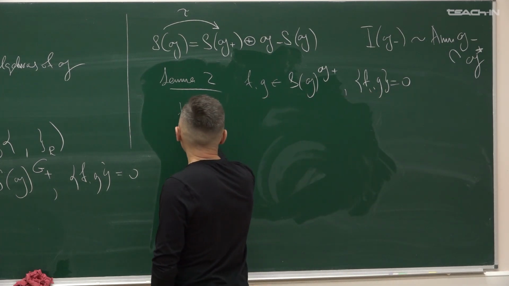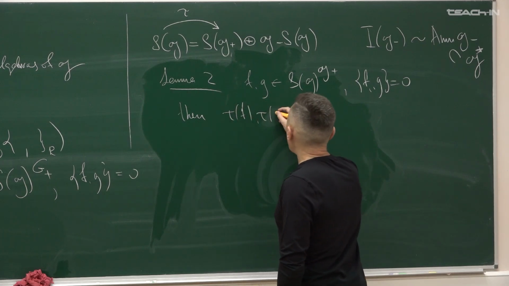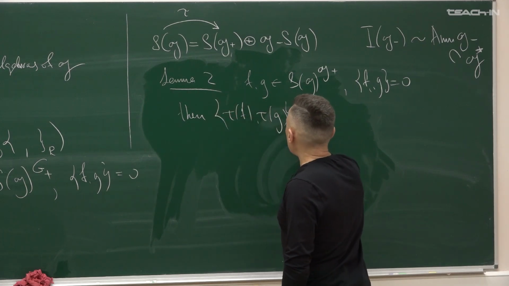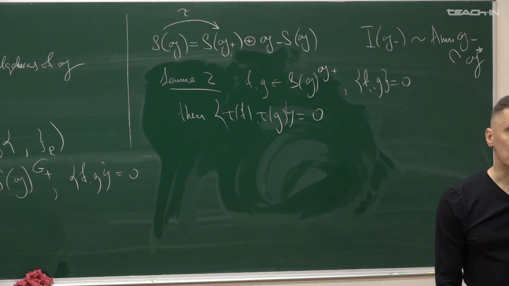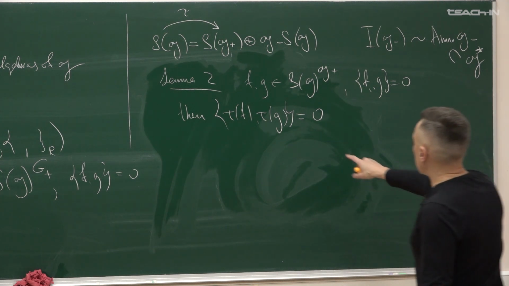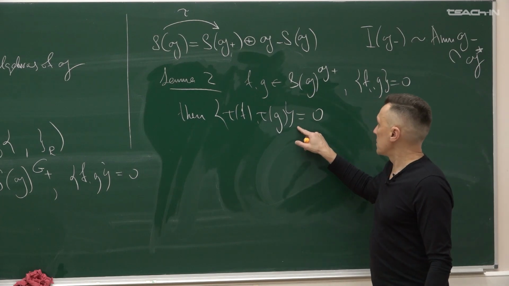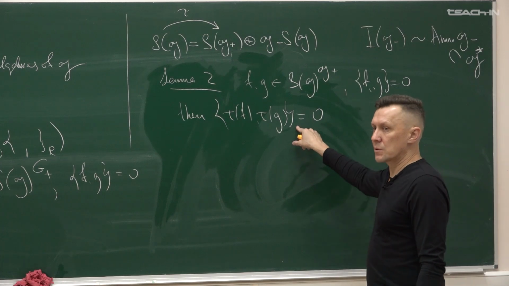Then tau of f and tau of g also commute. So if we consider g plus invariant functions in involution and consider the projections, they also commute. Here I don't write the sign, but whatever you want.